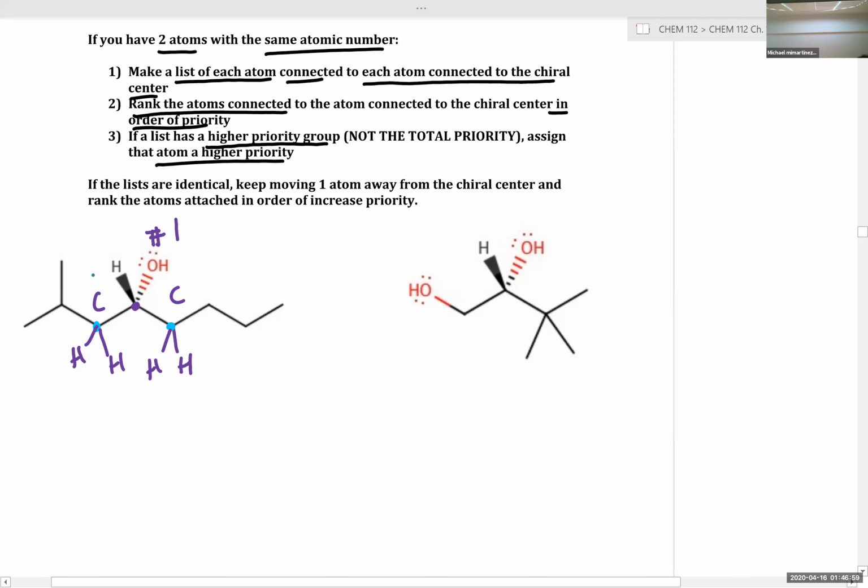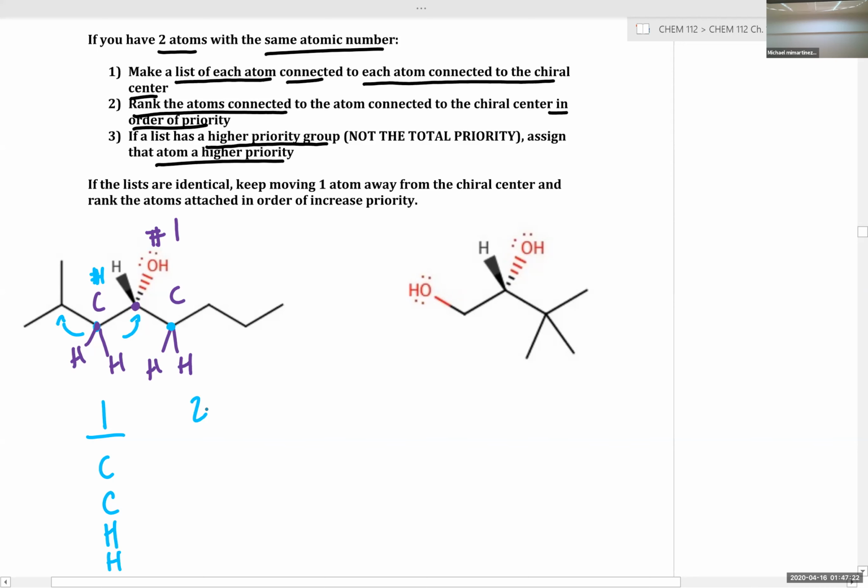Attached to carbon number 1, first things first, we have a carbon right here, another carbon, and 2 hydrogens.